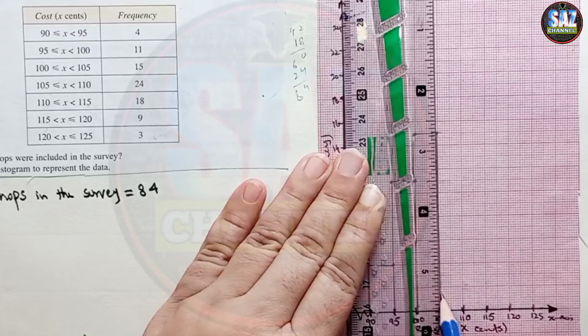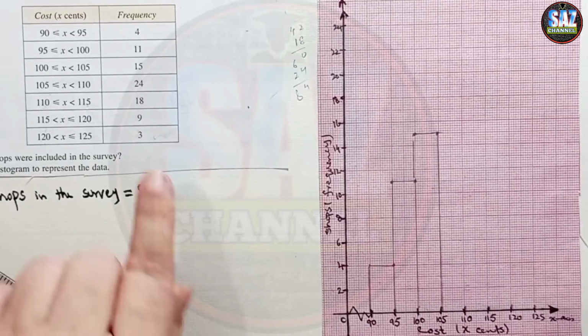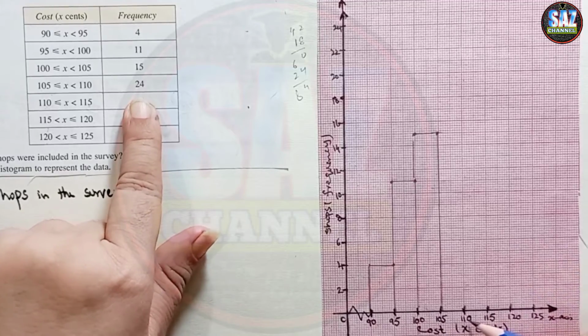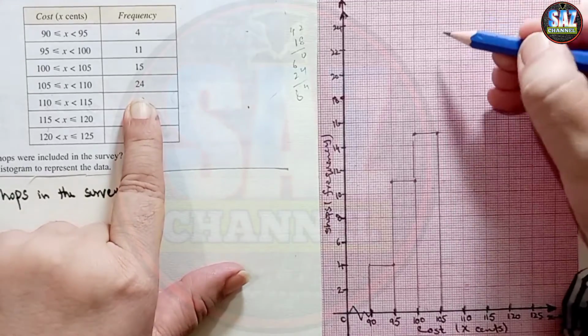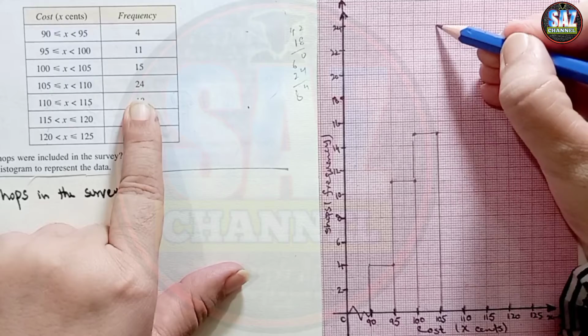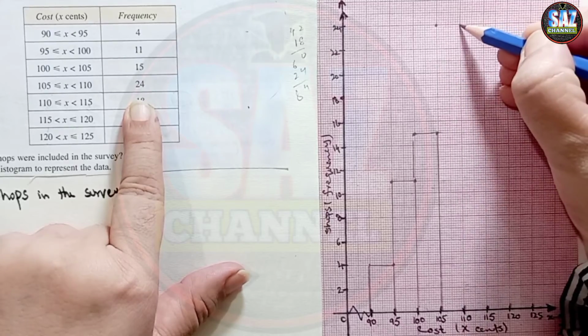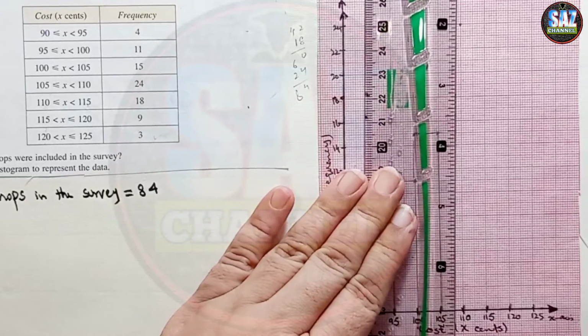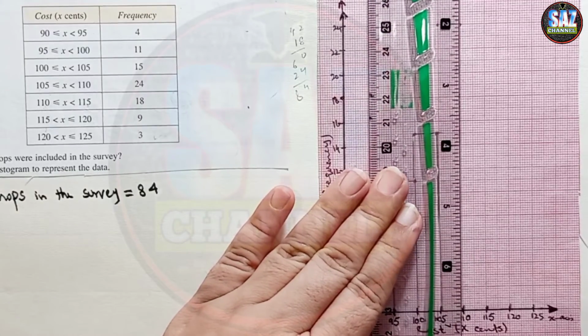And then we have 105 to 110. For 105 to 110 we have the frequency 24. So I have to move and reach in front of 24, and then complete the rectangle at 105 to 110.